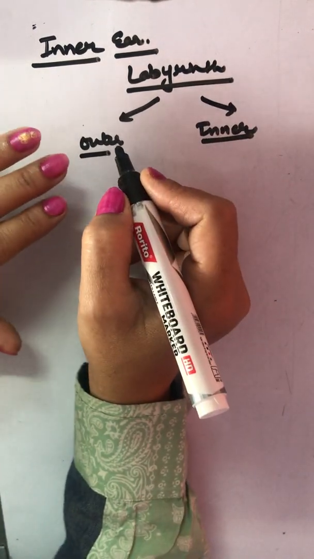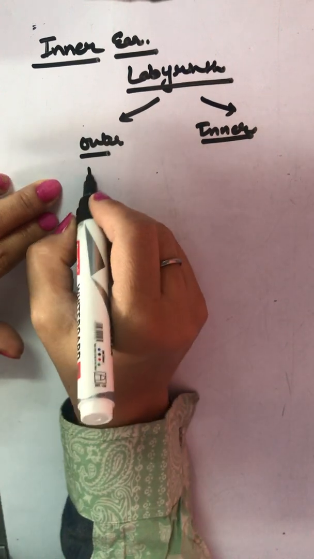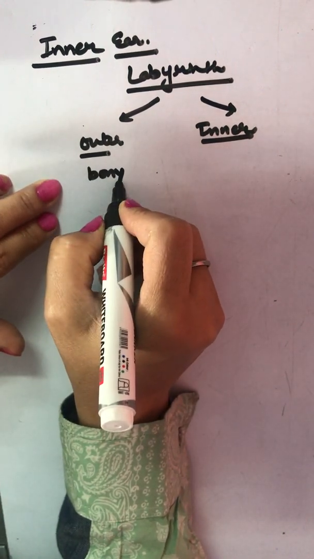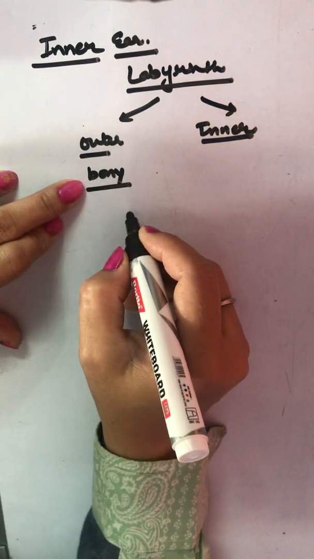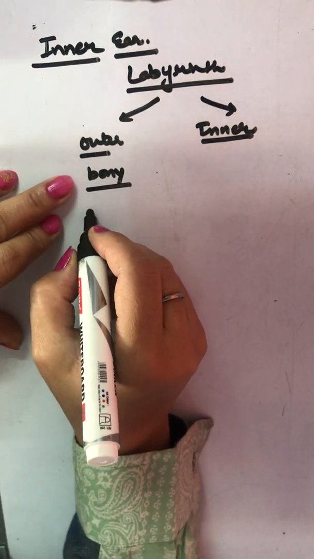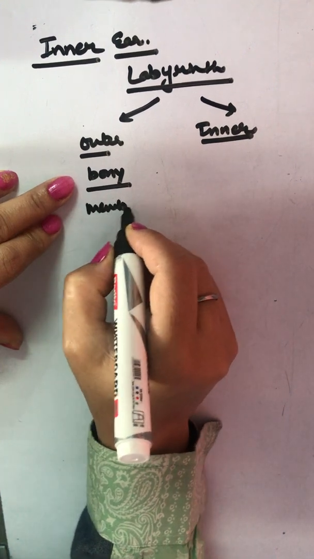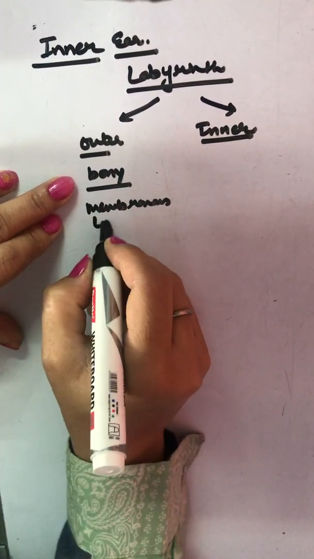Clear? The outer one is bony, and in this bony outer labyrinth floats the membranous labyrinth.